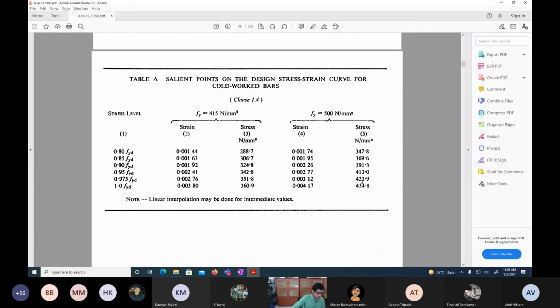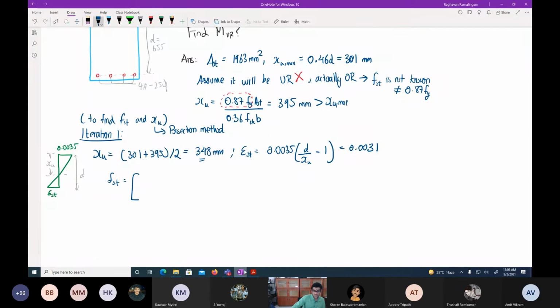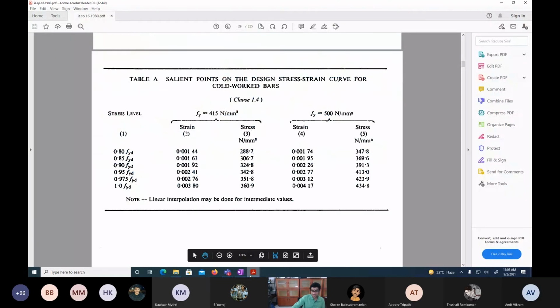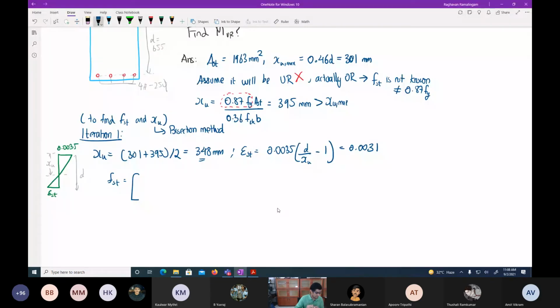So I do 423.9 minus 413. We want the stress, so the stress stays in the numerator, divided by 0.00312 minus 0.00277, which is the strain difference, and then the actual difference that we have.